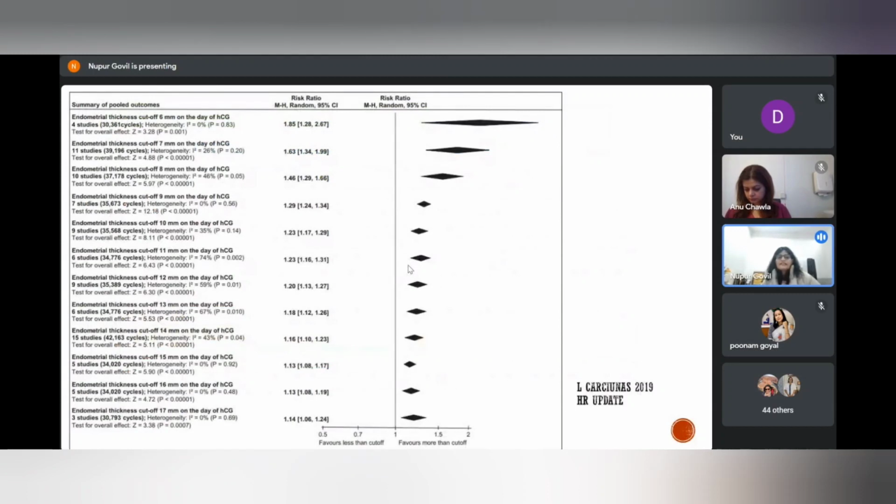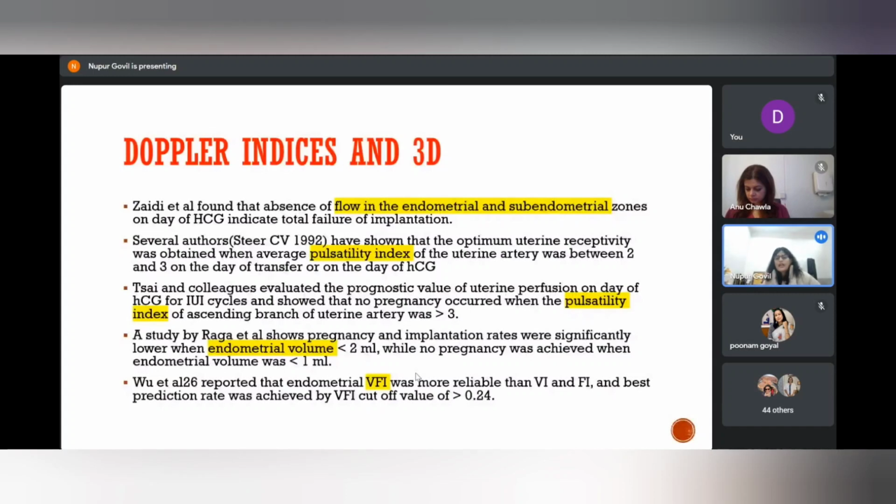If they took 7 mm as a cutoff for endometrial thickness, they found an increasing strength of association with increasing endometrial thickness. The thicker the endometrium was, the more favorable it was for pregnancy. But there was no threshold of endometrial thickness where we could say, okay, at this point the patient is surely going to get pregnant.